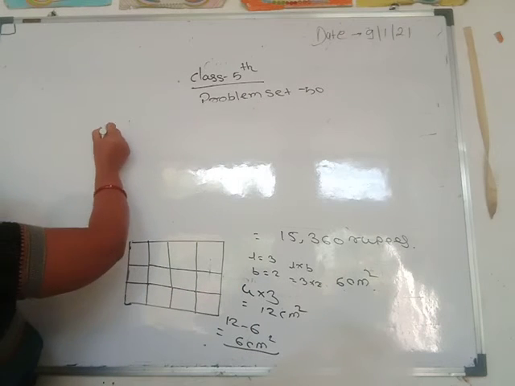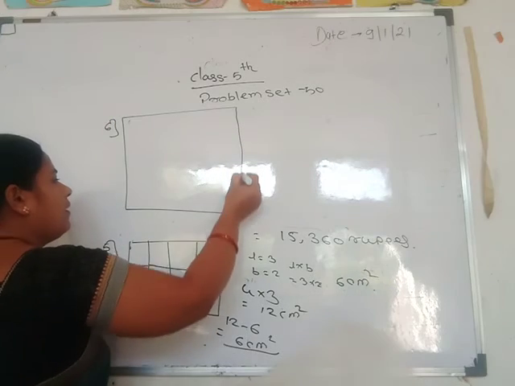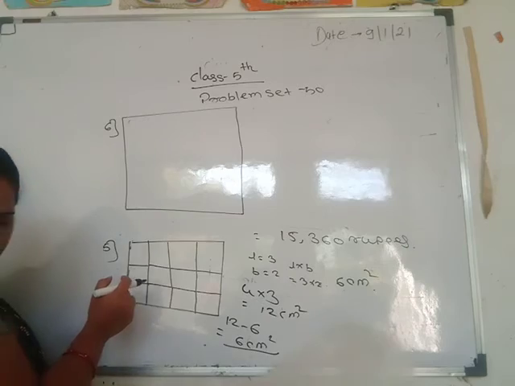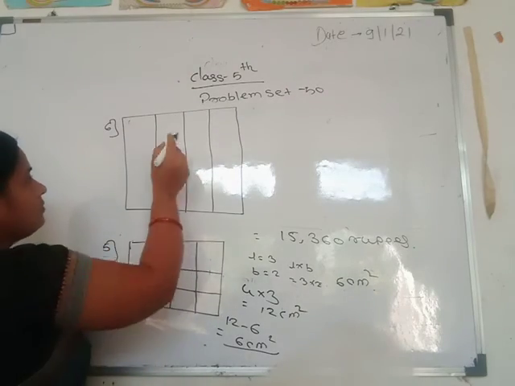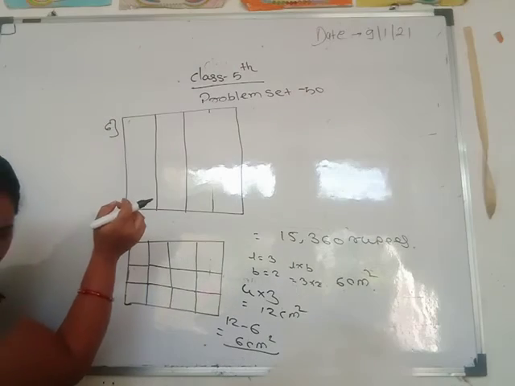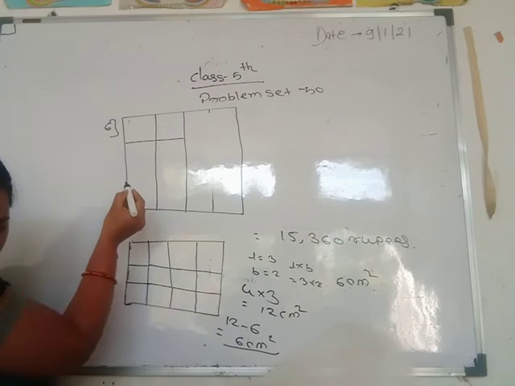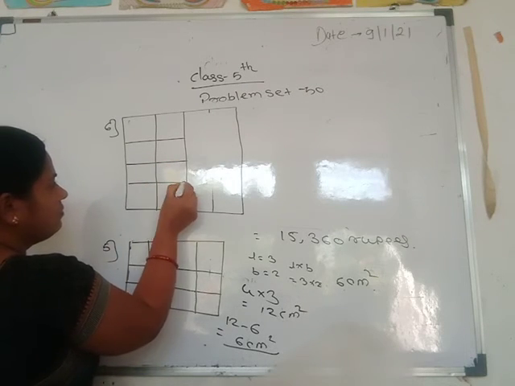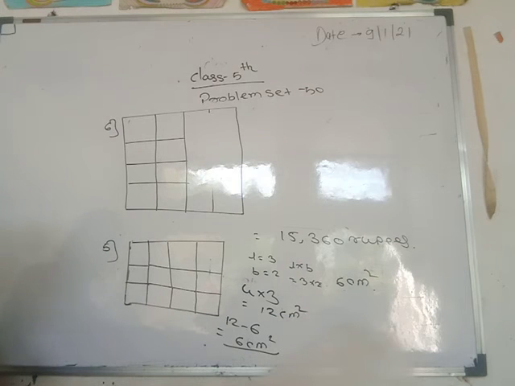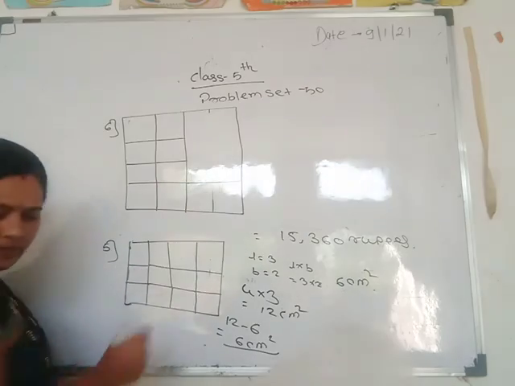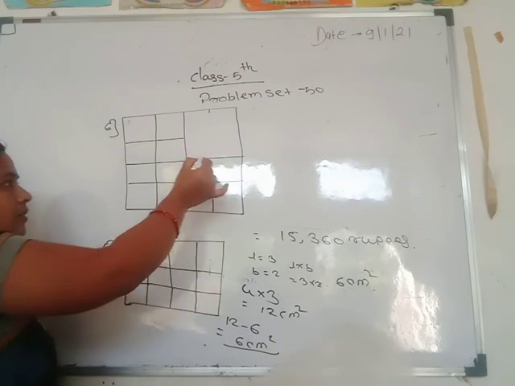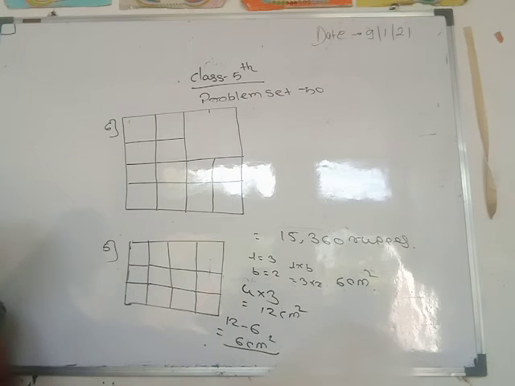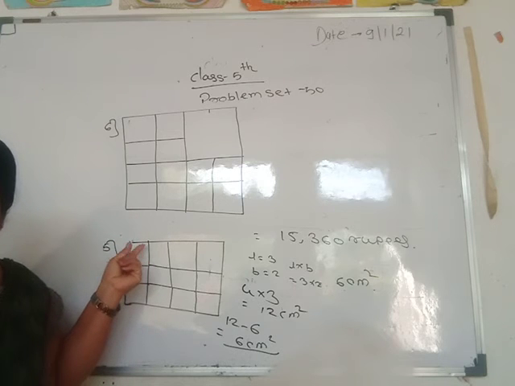See this figure. Divide the figure given alongside into 4 parts in such a way that the area and shape of each part is the same.